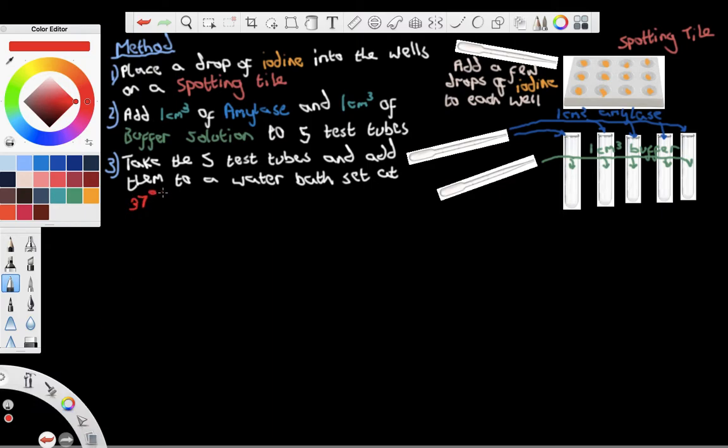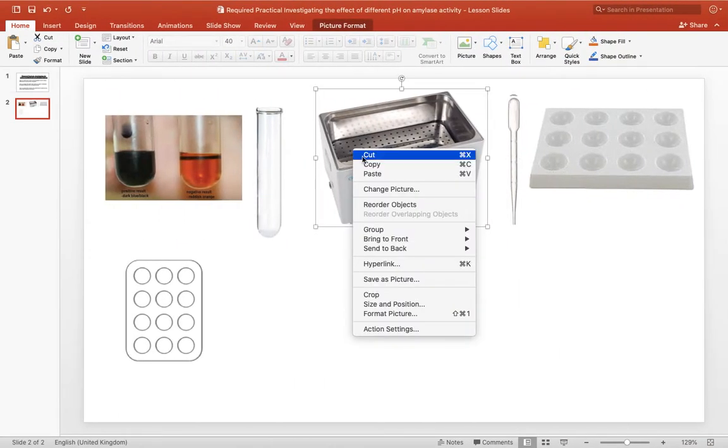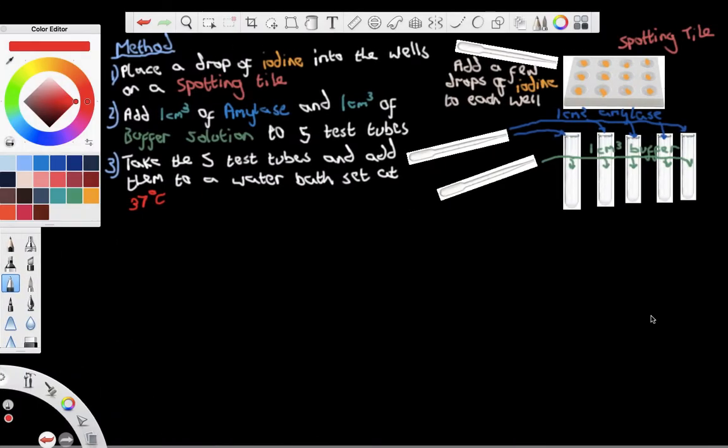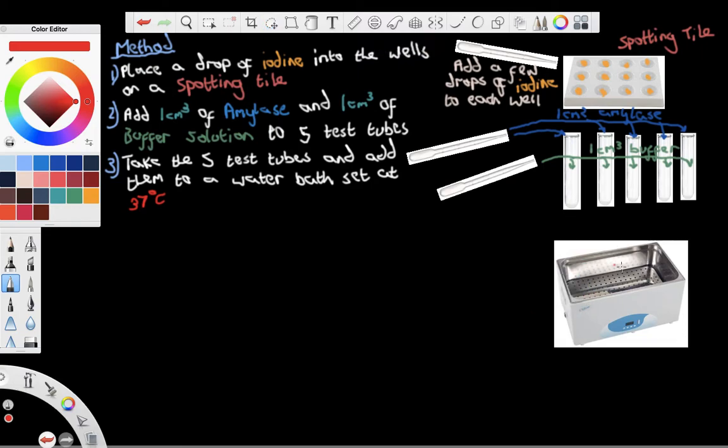So you're going to set the water bath at 37 degrees Celsius and you're going to put your test tubes in them. Now a water bath looks like this, and it's used to keep things at a set temperature.